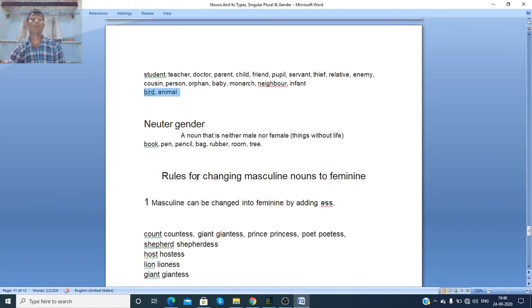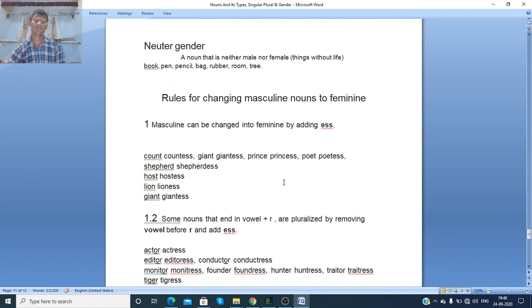And when we talk about rules for changing masculine nouns to feminine, there are only two ways.